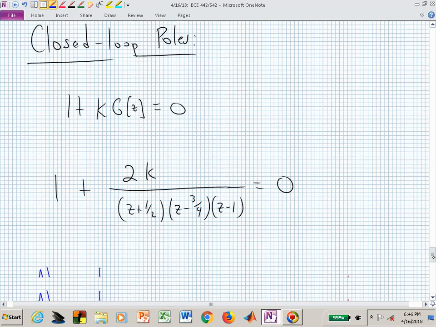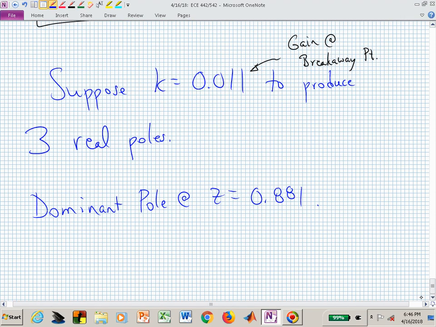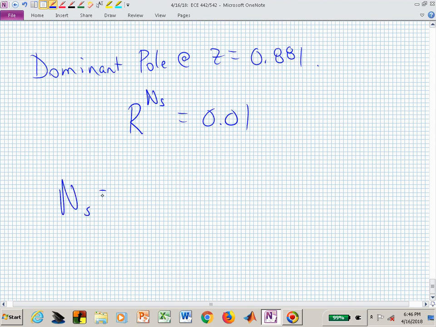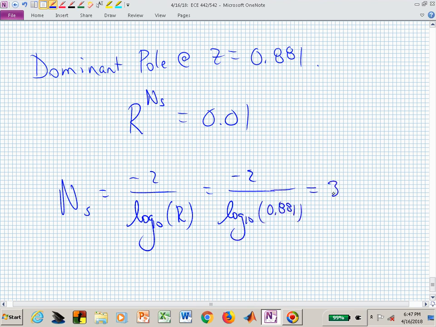And do you know how to calculate settling time given a dominant pole? Exam number 3. So that if you solve for n sub s, what's your settling time?